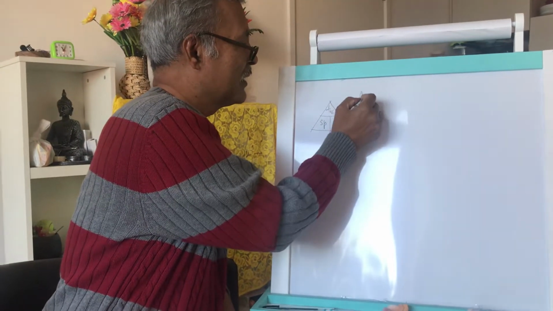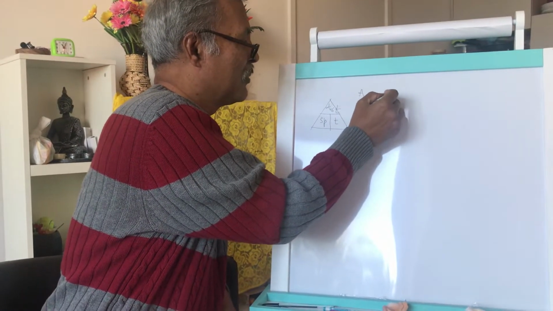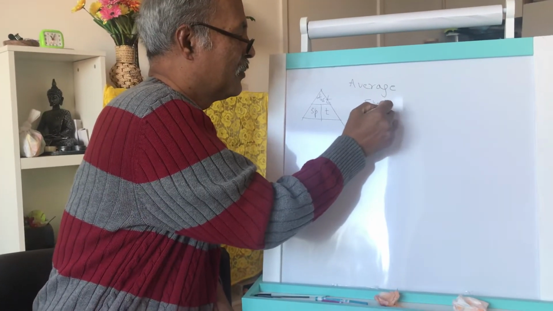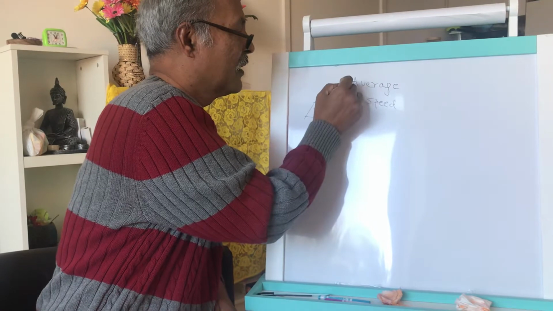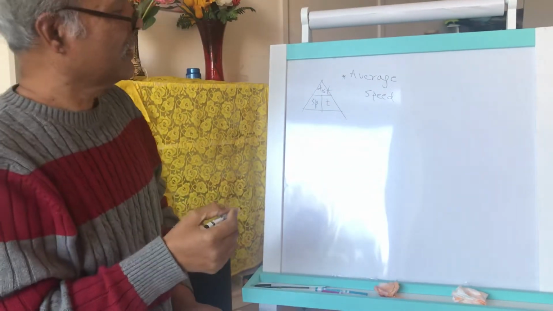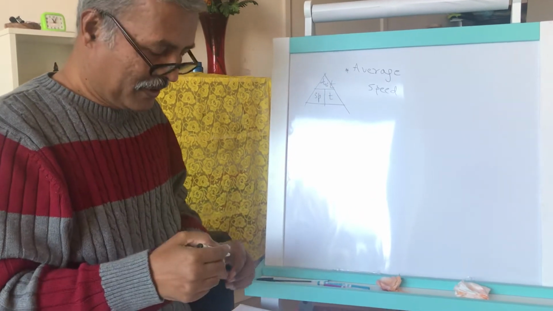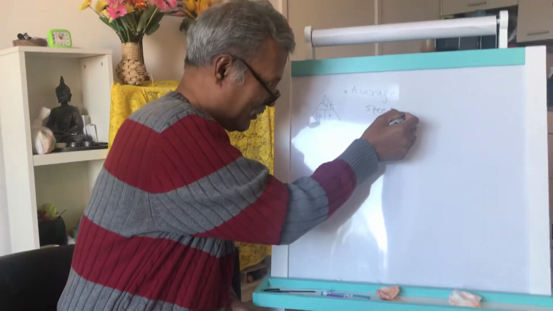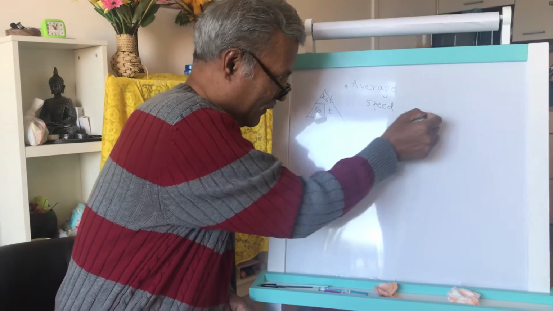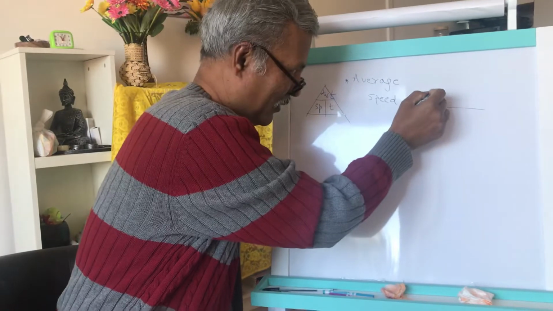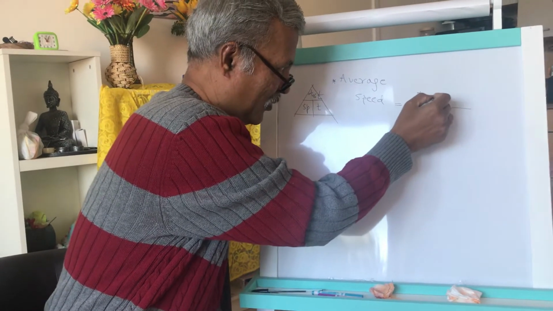I will deal with problems on average speed, because you can expect this type of problems in competitive exams. It's very simple actually. Whatever is the problem, if it is on average speed, you just concentrate on total distance.